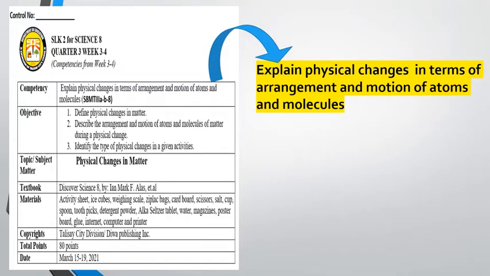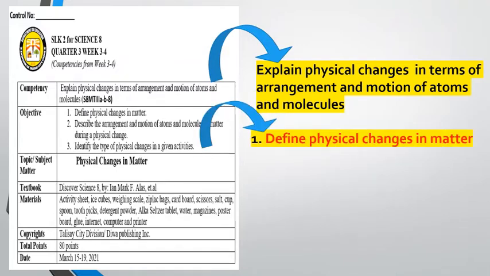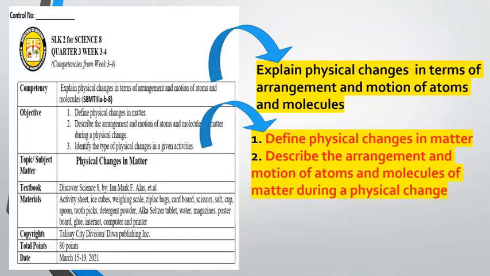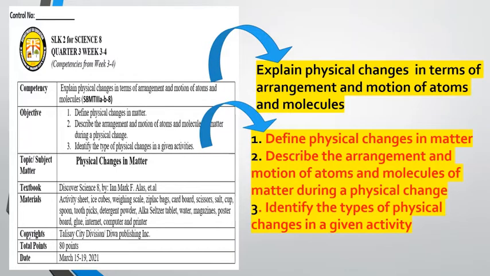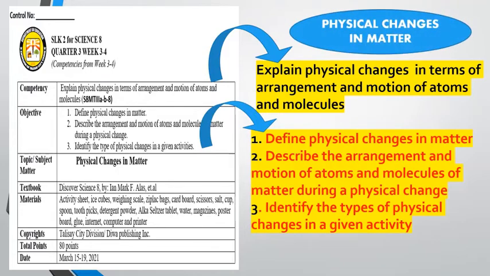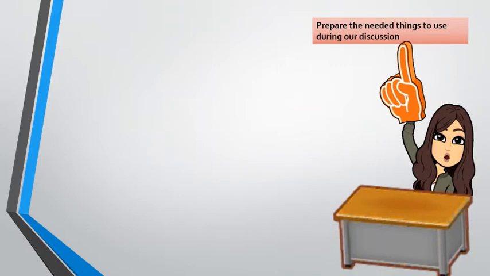Our main objectives are to define physical changes in matter, describe the arrangement and motion of atoms and molecules of matter during a physical change, and lastly, identify the types of physical changes in a given activity. Because our topic for this week is about the physical changes of matter.